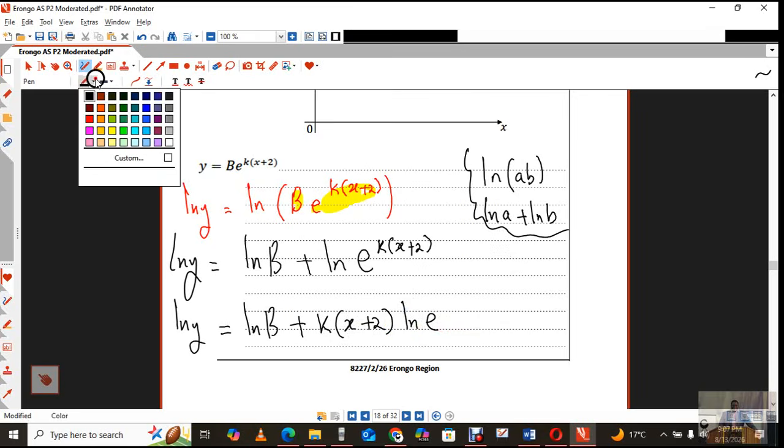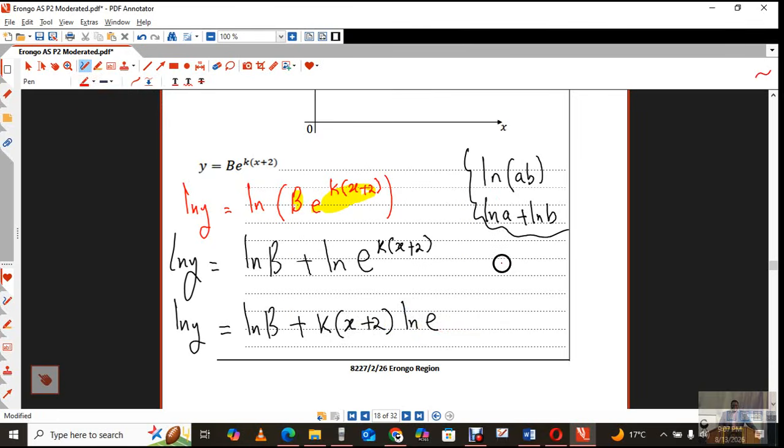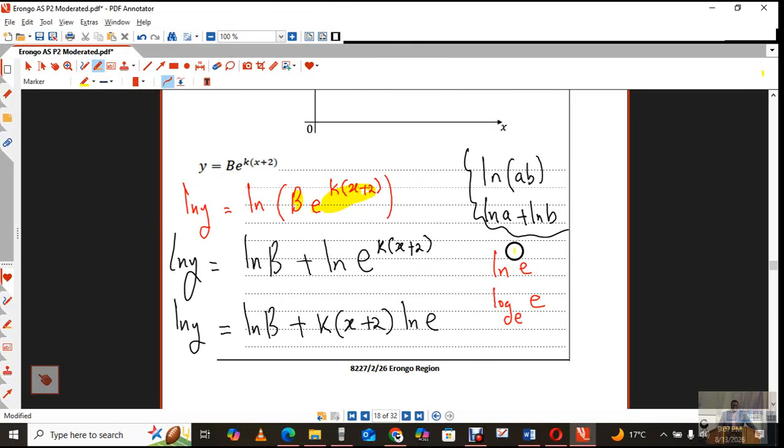Another thing worth knowing is that the natural log of e is nothing but log base e of e. So this ln stuff is log base e. That's what it is. And knowing your rules, if you have something like this, then this answer is equal to 1. Okay? So therefore, there's no need for me to write ln e.